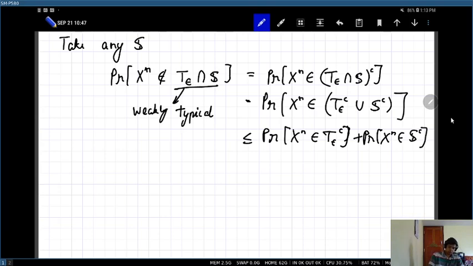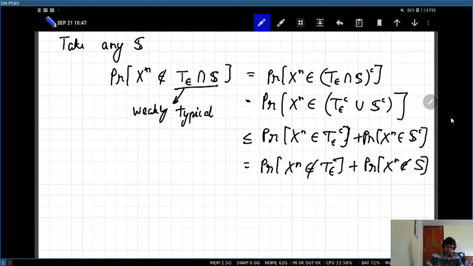Great. So this is 1 minus the probability that Xn is in T epsilon, right? Or another way to put this is that this is the probability that Xn is not in T epsilon plus the probability that Xn is not in S, right?